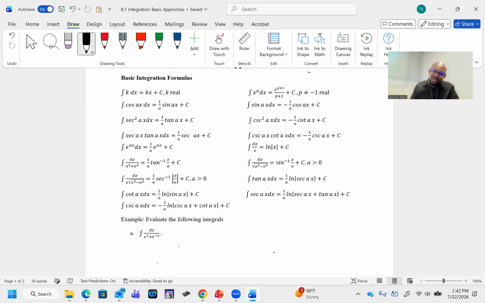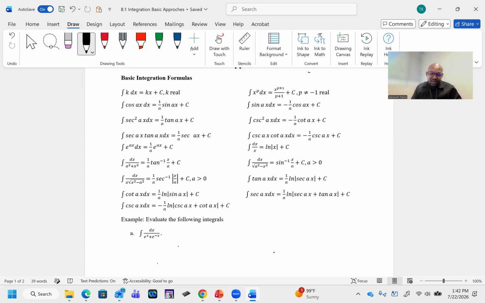No, it's not, because e to the power of x plus e to the power of negative x is in the denominator, right? So if this happens, most of the time we have to rewrite our function somehow, so we can use a substitution to get one of these formulas, okay?